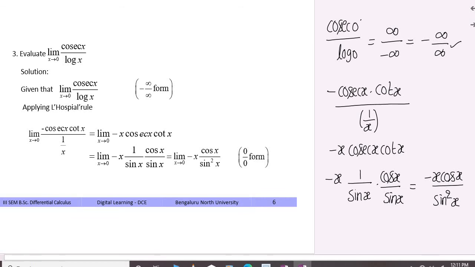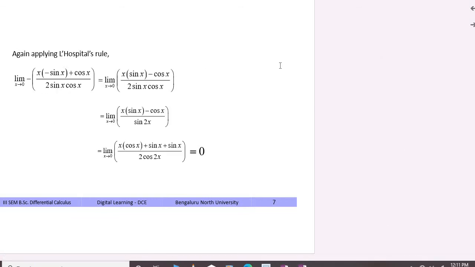Now substitute x equal to 0. 0 into anything equal to 0, divided by sin 0 is 0. 0 square is 0. Again we arrived at indeterminate form 0 by 0. Again apply L'Hopital's rule.